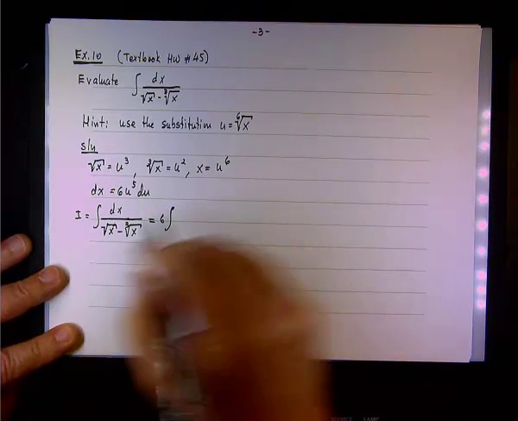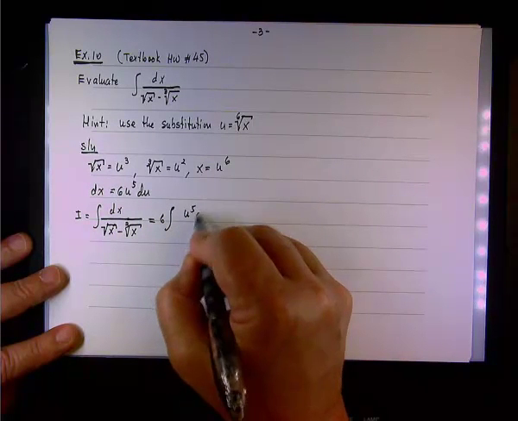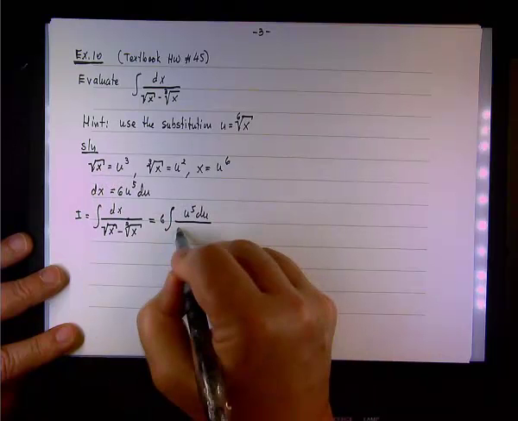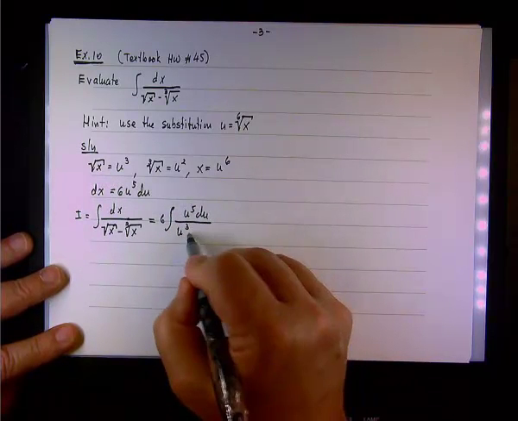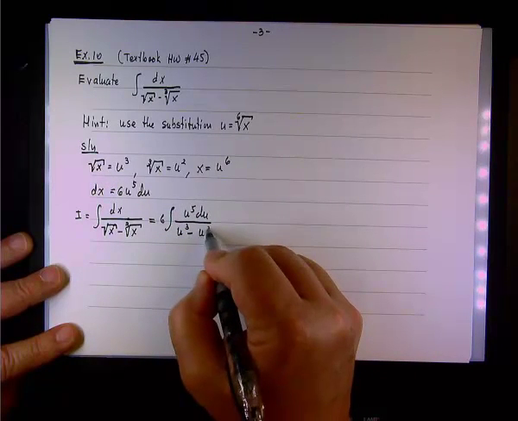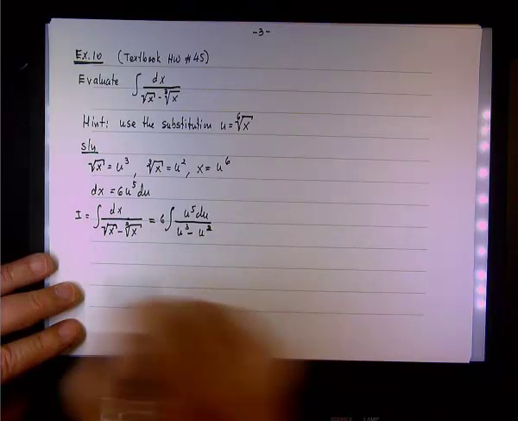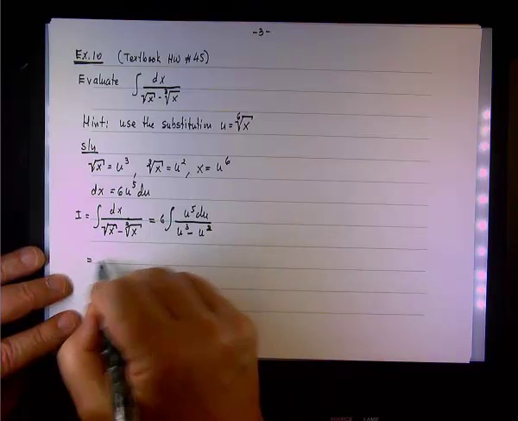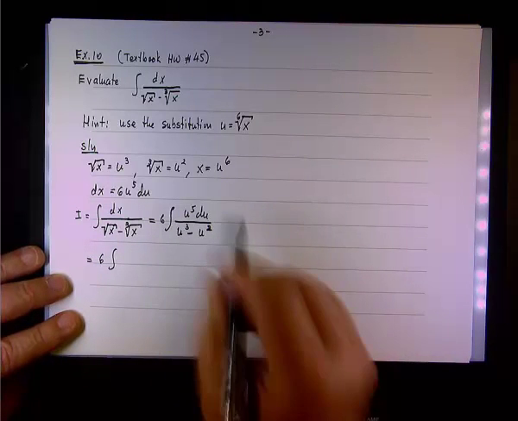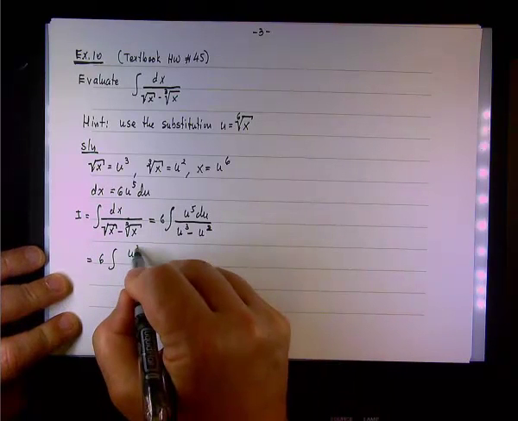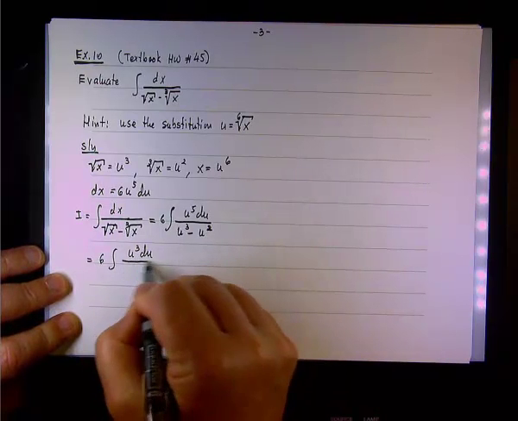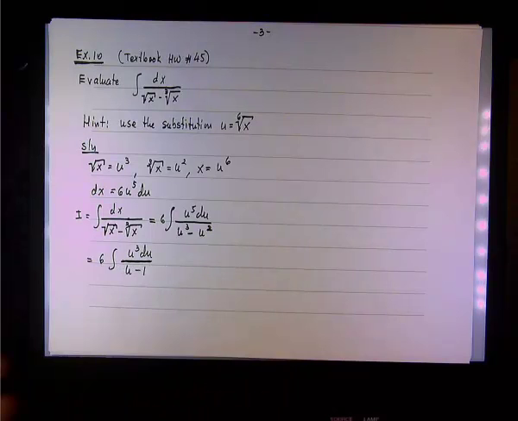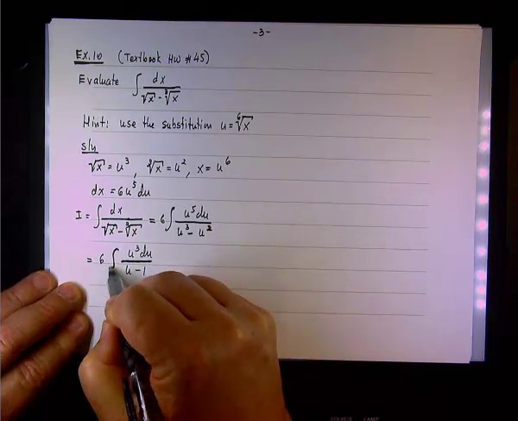With all the substitution, we can pull the 6 out of the integration, and the numerator will be u to the 5th du, and the denominator will be, instead of square root of x, u cubed, and instead of cube root of x, u squared. And of course we have a common factor, which is u squared, so we can reduce it, and you end up having u cubed over u minus 1.